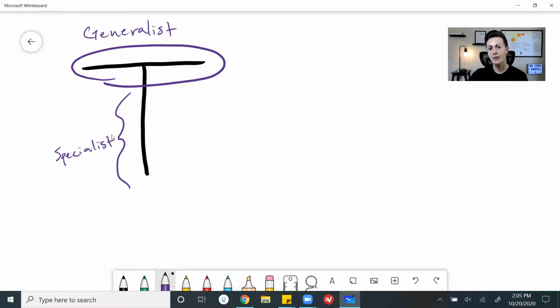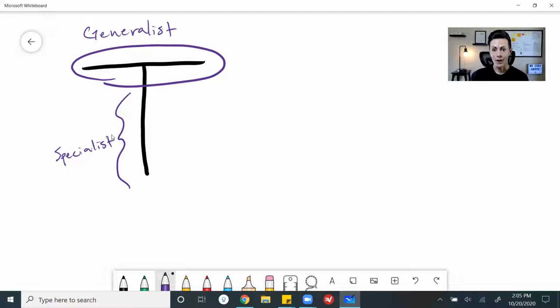So instead of serving a bunch of different segments of a target market, instead of offering lots of different services, different solutions, they focus on one main target market or one main segment, one main offering, one main problem, one main solution, one main outcome.